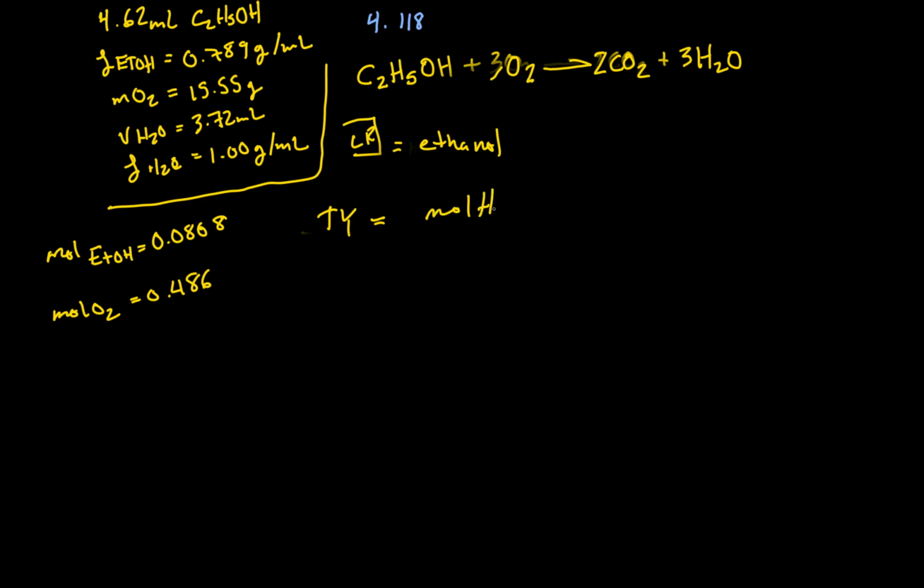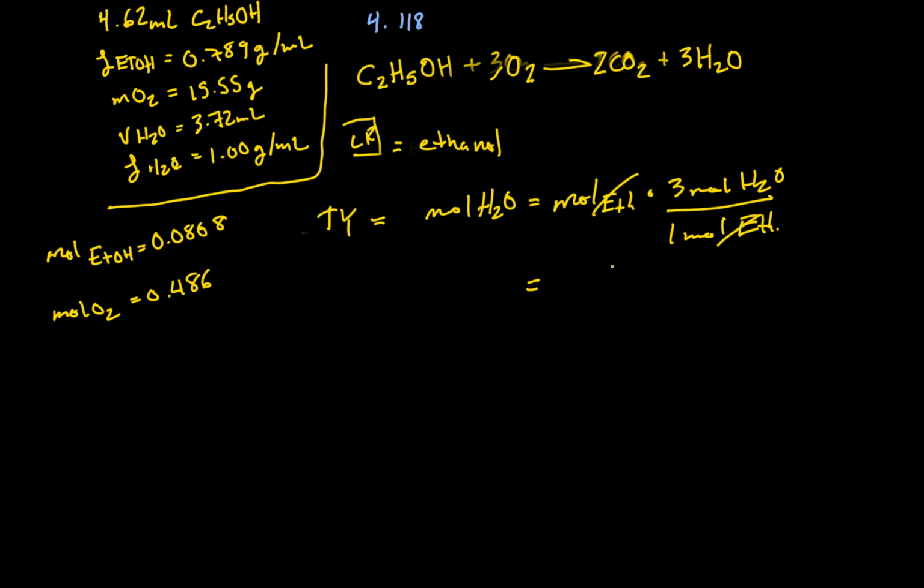Moles of H2O equals moles of ethanol times 3 moles of H2O divided by 1 mole of ethanol. Those cancel out, so we're just multiplying by 3.